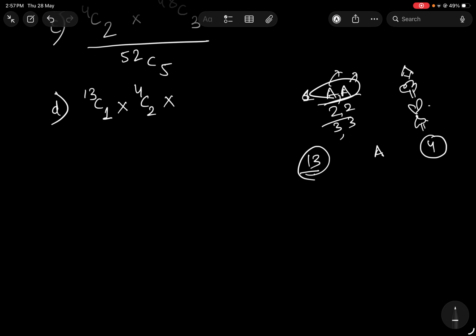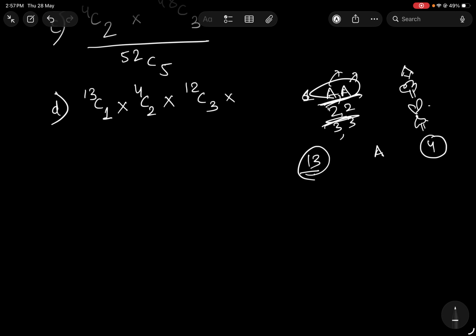So now I have my one pair sorted out. And for the others, I don't want it to be that number at all, because I want exactly one pair. So whatever else I am getting is from the other 12 numbers.